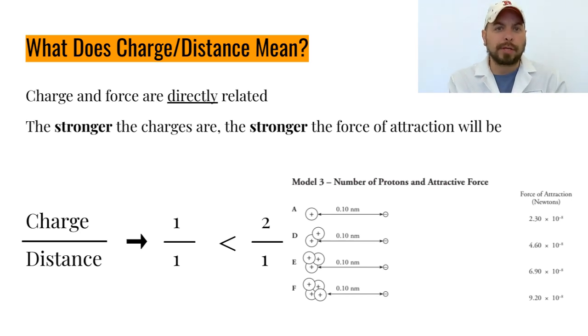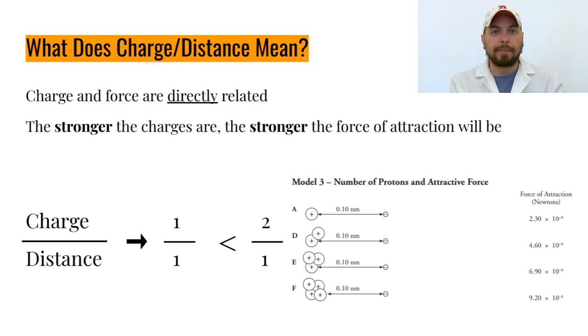But let's say we're looking at helium. Now, helium has 2 protons. Its effective nuclear charge is +2. It still only has one energy level. So what does that do? Well, we change that numerator from a 1 to a 2. Effective nuclear charge went from +1 to +2. Energy level stayed the same.